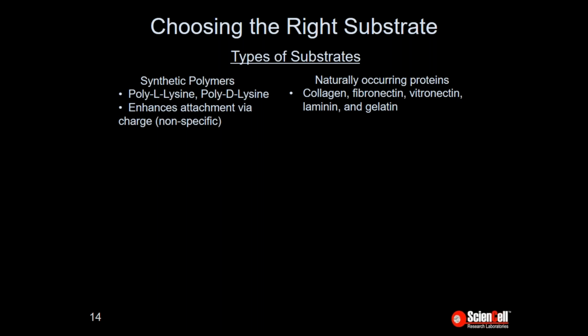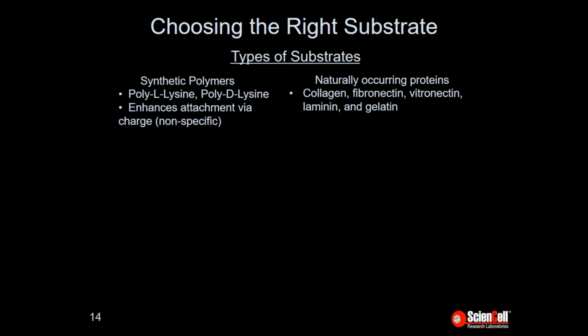Another aspect important for maintaining primary cells is selecting the optimal substrate for attachment and growth. There are many types of substrates to choose from, but the two main categories are synthetic and naturally occurring. The most commonly used synthetic substrate is polylysine, which functions nonspecifically based on charge.